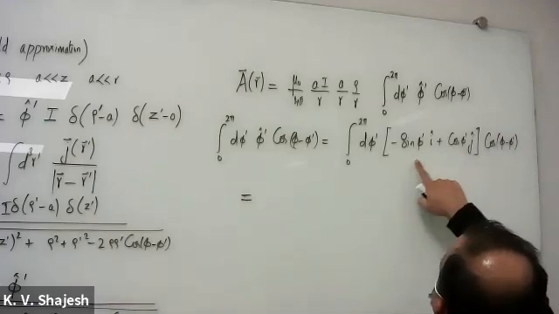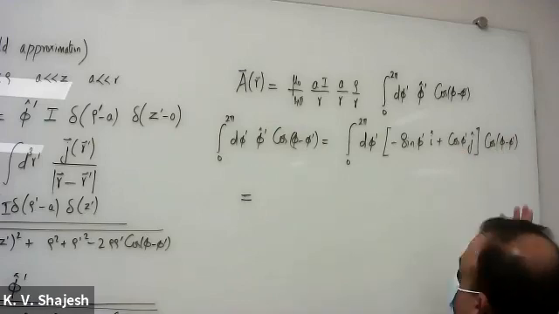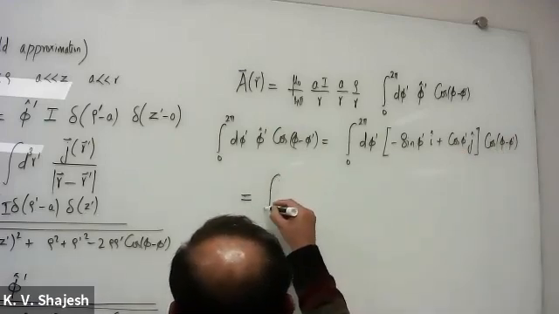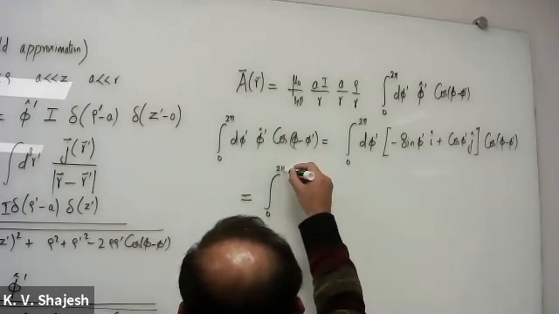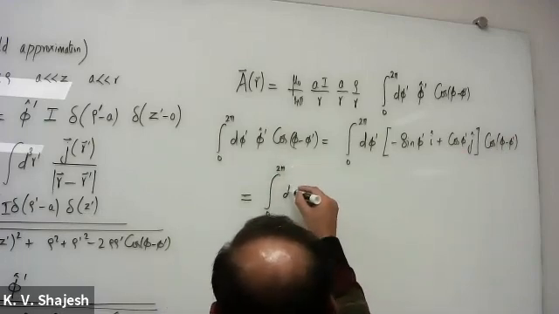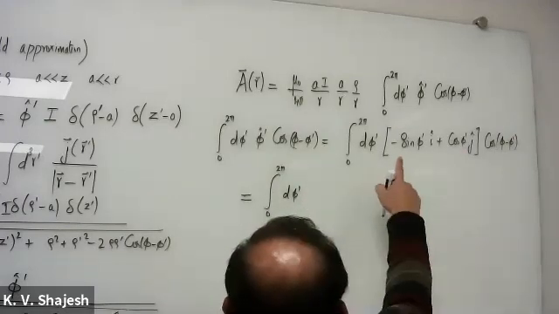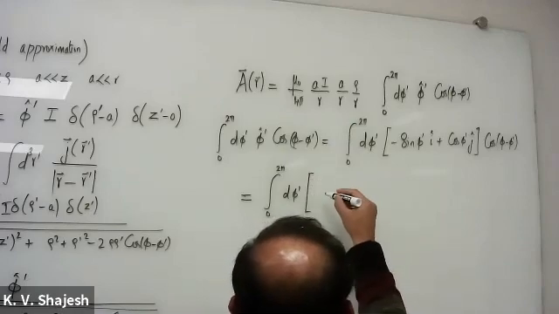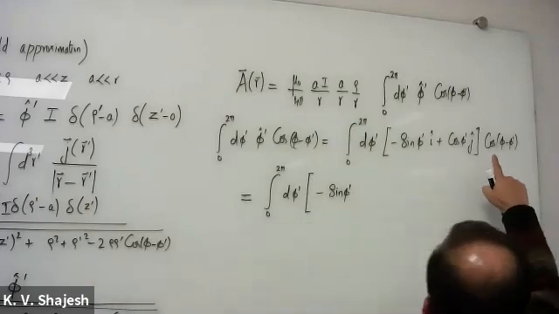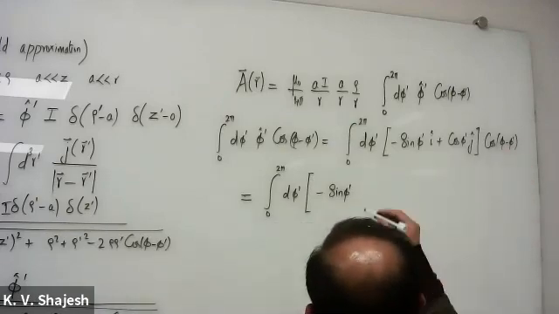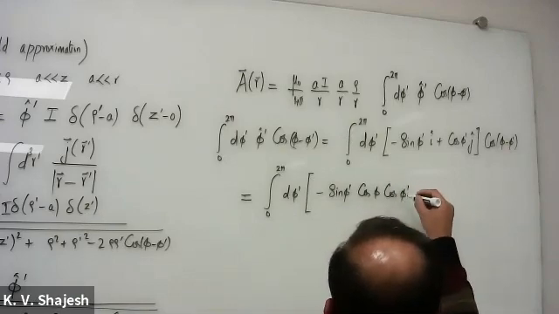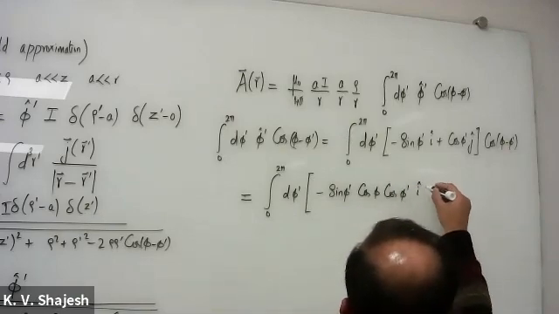So that's equal to, these are two integrals basically, and each of this cosine can be expanded out. So let me write this as 0 to 2 pi d phi prime, and this is minus sine phi prime, and there is a cosine phi prime. So it's cosine phi prime in the I hat direction.